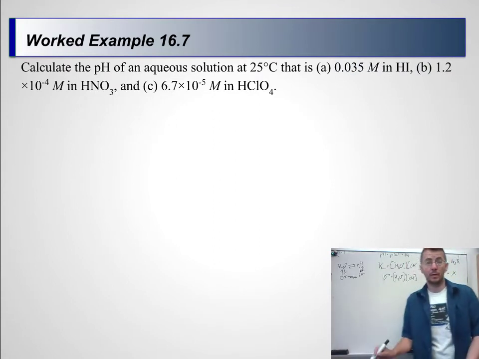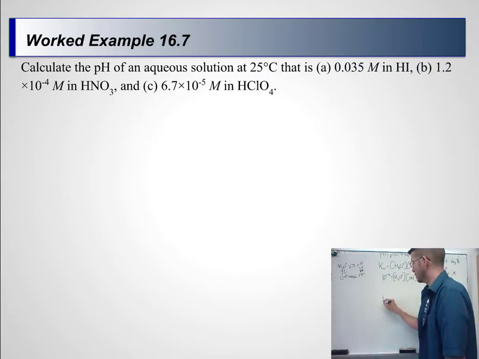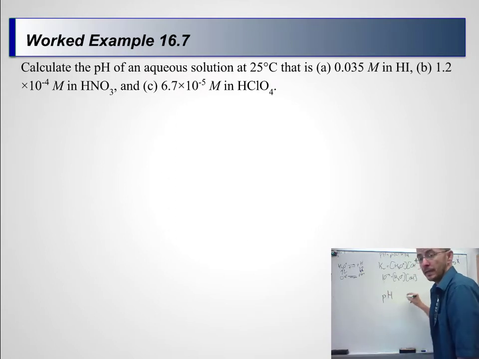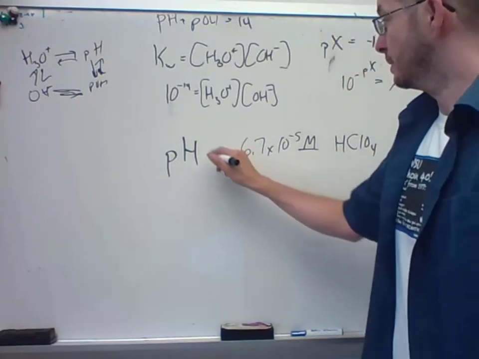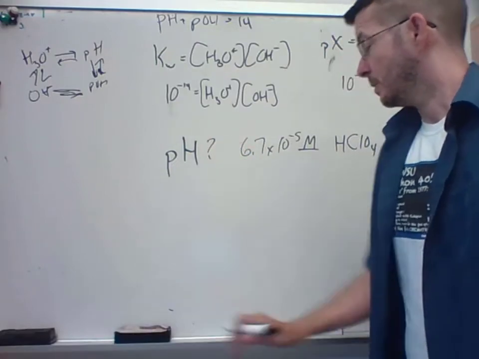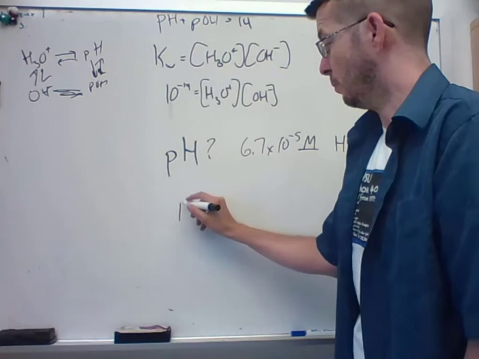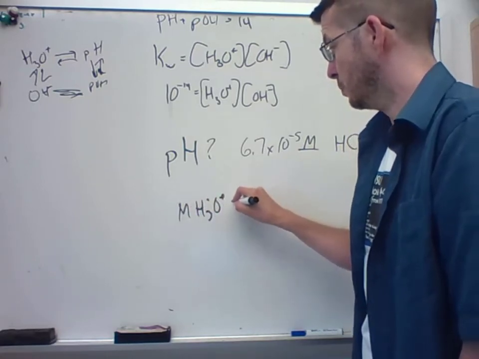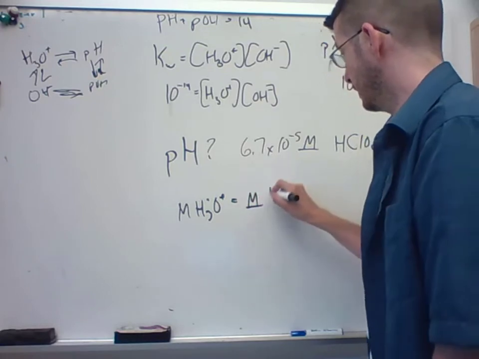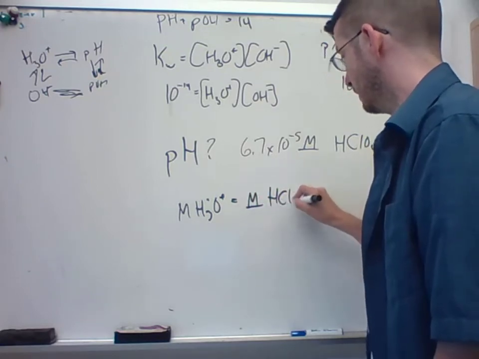So what is the pH of a 6.7 times 10 to the minus 5th molar HClO4 solution? That's perchloric acid. For a strong acid, the molarity of H3O+ will equal the molarity of the acid itself.